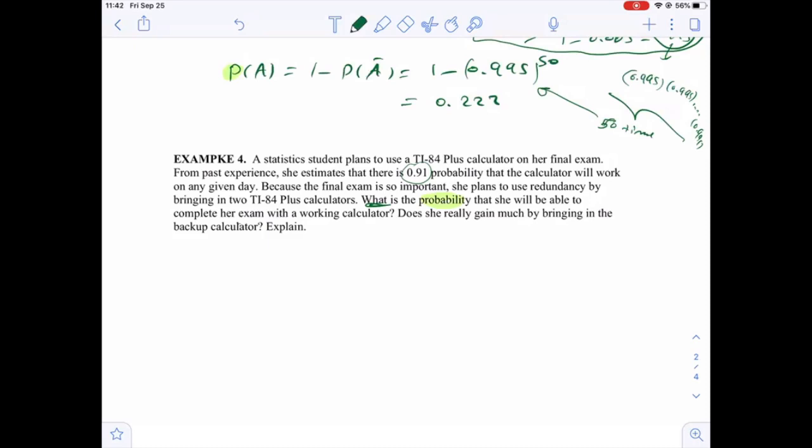Now here, she can do that. She can complete the exam with one working calculator if at least one of them works. So that means we can define the event A here. The event A is that at least one calculator works.